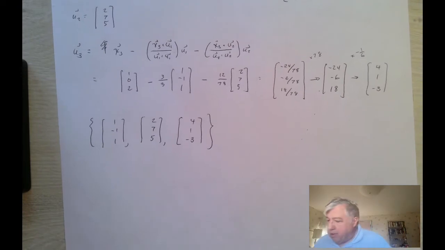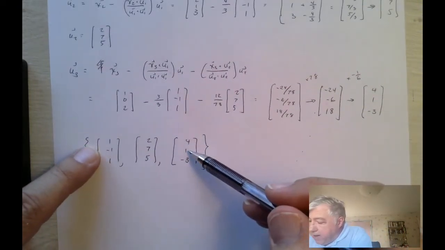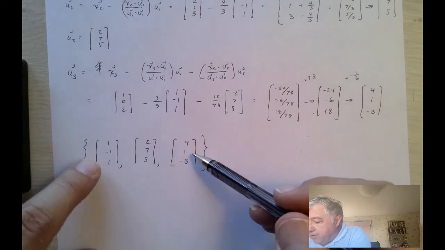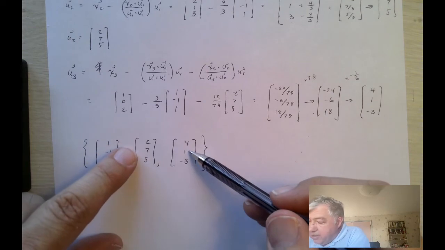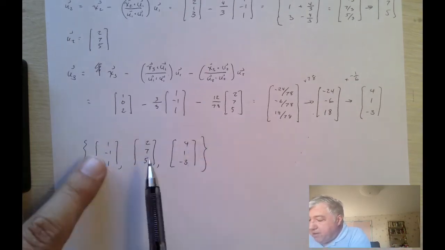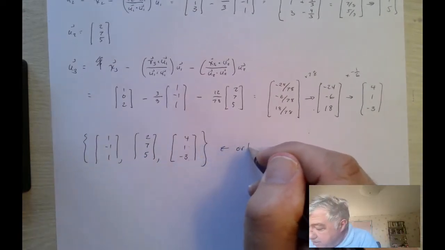You can check that these are orthogonal. We have 4 minus 1 minus 3, so that's 0. This is going to be 8 plus 7 minus 15, that's 0, right? And we already know these two are orthogonal. So this is an orthogonal basis.